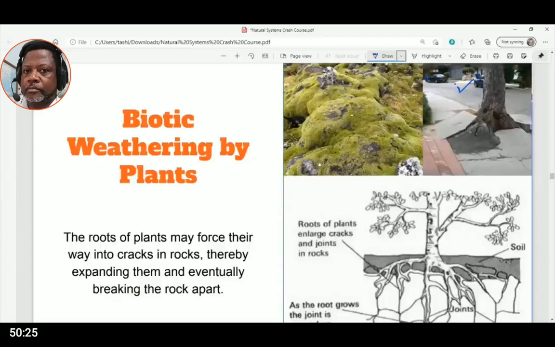In the case of the roots, it's not changing the rock chemically when the roots grow and crack the rock, so it would still be considered physical or mechanical weathering. But once there is any chemical change in the rock by the plant, animal or human influence, it could be fitted under chemical weathering.